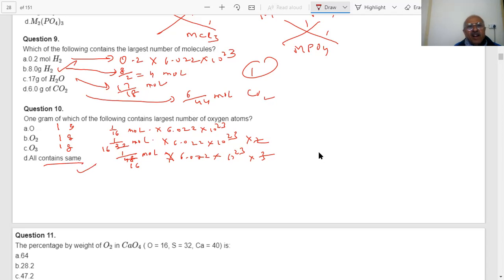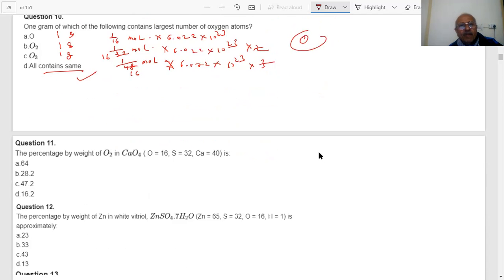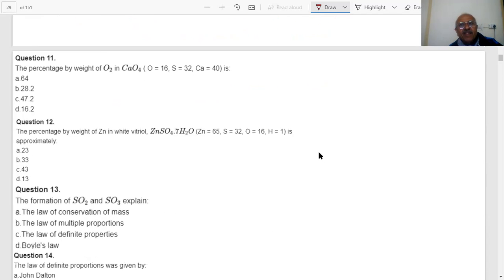You can see the answers of all are coming the same. Got it? Calculate, then what will you get? See how the calculations are done. D is the correct answer here. Without calculations, answers cannot be given.